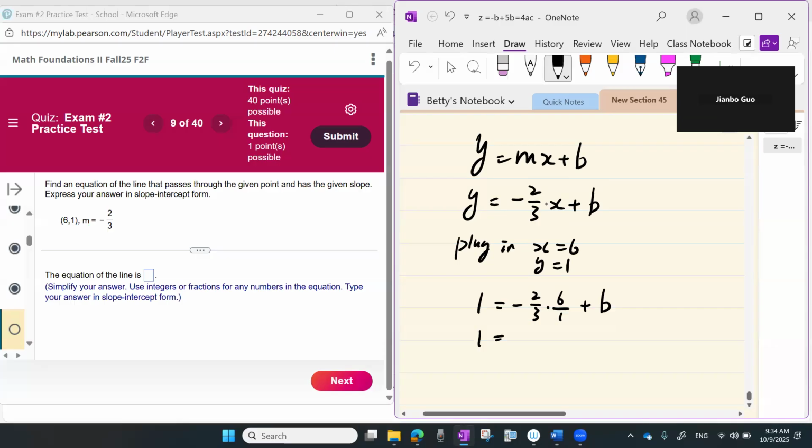Negative 2 over 3 times 6 over 1, that is negative 4, okay? 6 over 3 is 2, 2 times 2 is 4. So 1 equals negative 4 plus b, add 4 to both sides, and we have b equals 5. So the equation we are looking for is y equals negative 2 over 3 x plus 5.